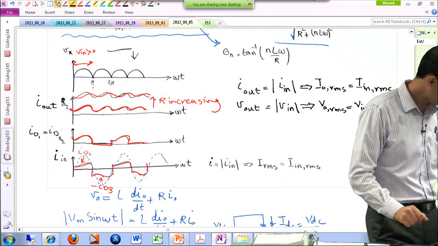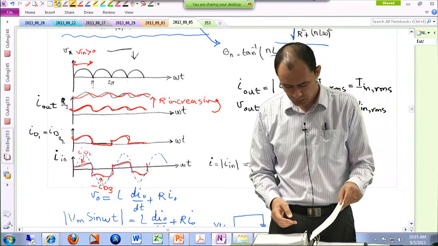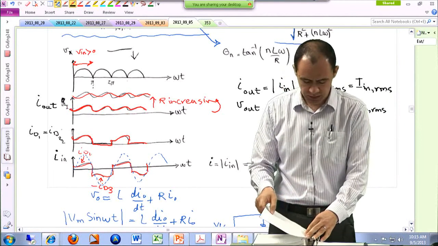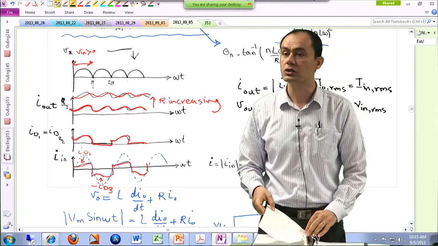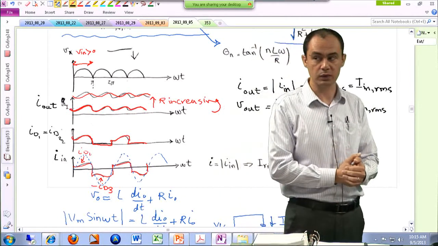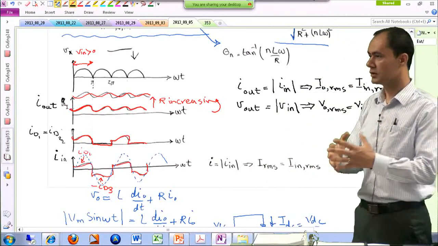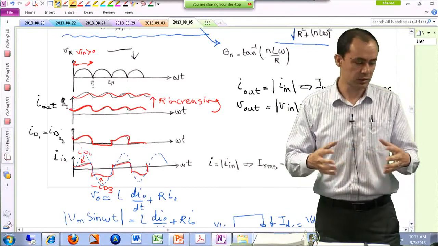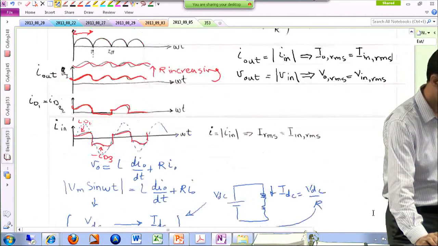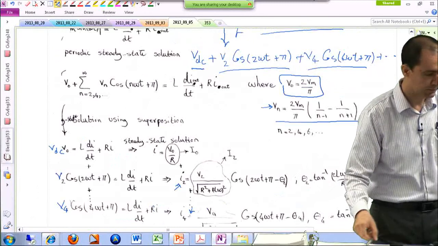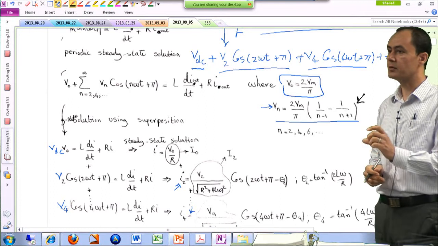All right. Any questions so far? This might be something new, but it's quite simple. We just break down our output voltage into a bunch of harmonics, then apply each individual harmonic and see what kind of response we get. Then in the end, we use superposition and add up all of the responses to form our entire output current waveform. So the important equations are basically, if I have a harmonic at 2 times omega t, what is the amplitude of this harmonic?